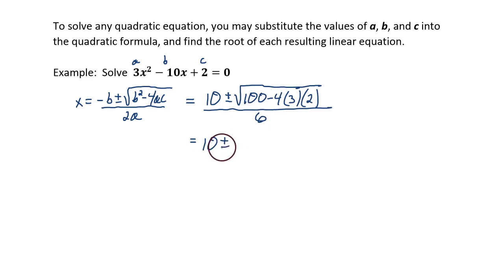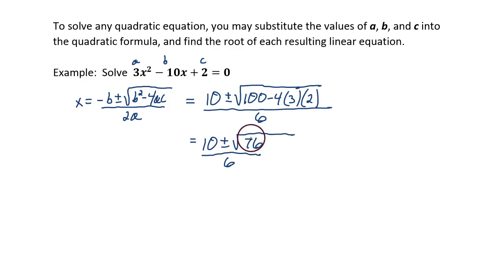Okay, next step. Let's do some work inside the square root radical. Simplify it up. 4 times 3 makes 12, times 2 makes 24, so in there we have 100, take away 24. That's 76. And this is all over 6. Okay, at this point, we're ready to simplify our radical as much as we can.